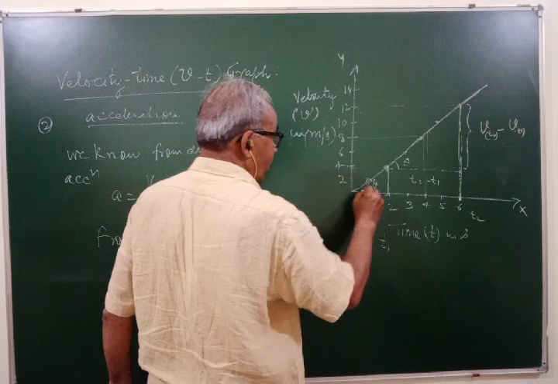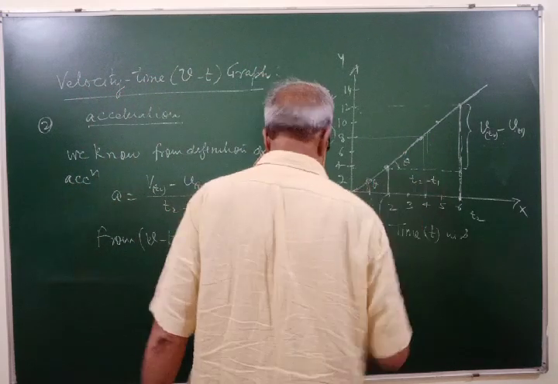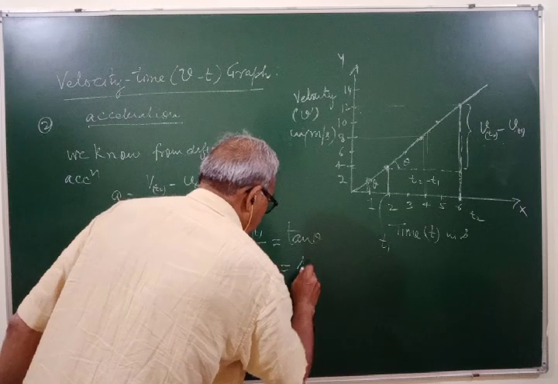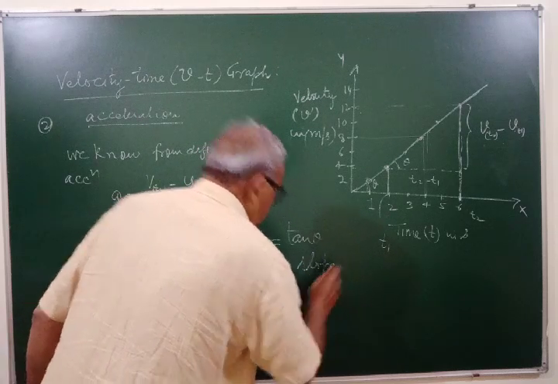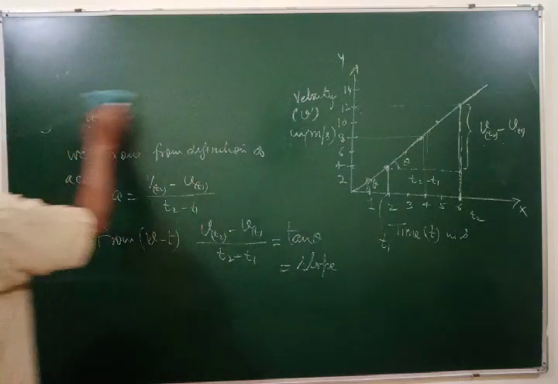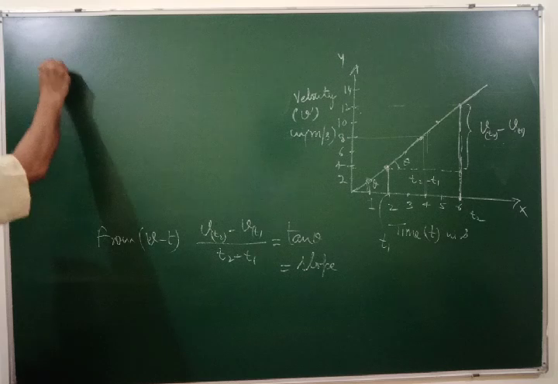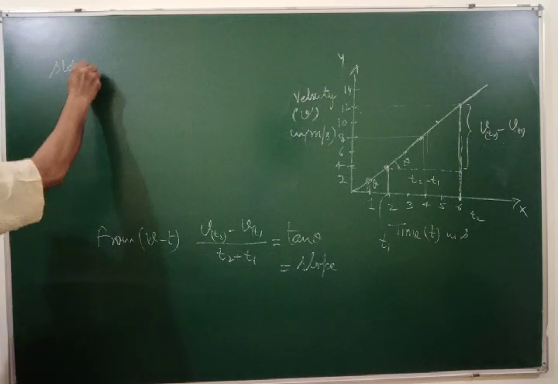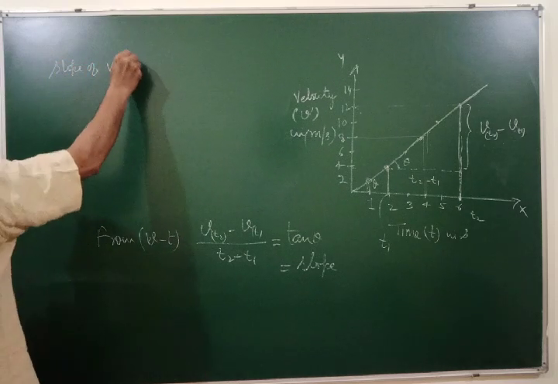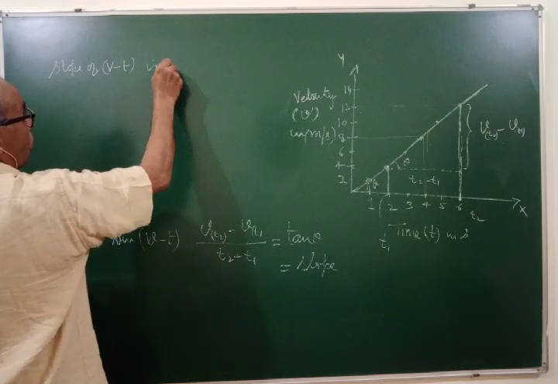Theta is the angle made by this line, which corresponds to the slope. So from the velocity-time graph we can say the slope of the Vt graph is equal to acceleration.